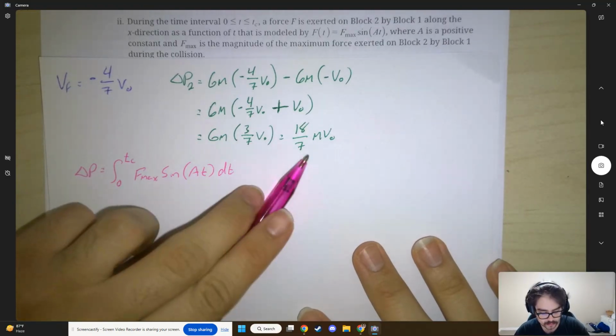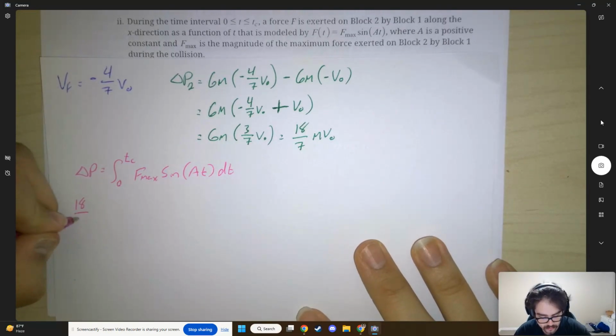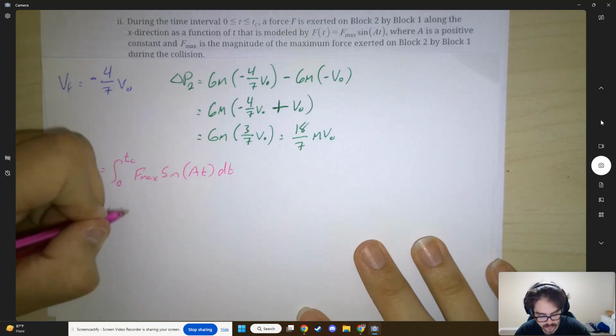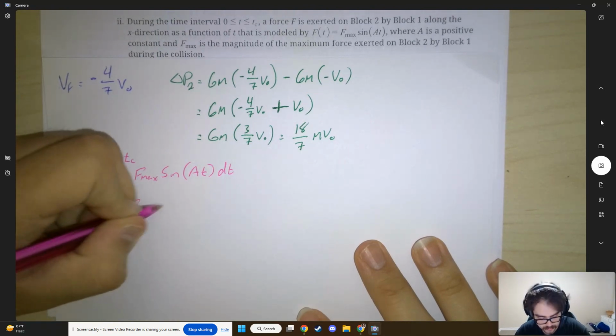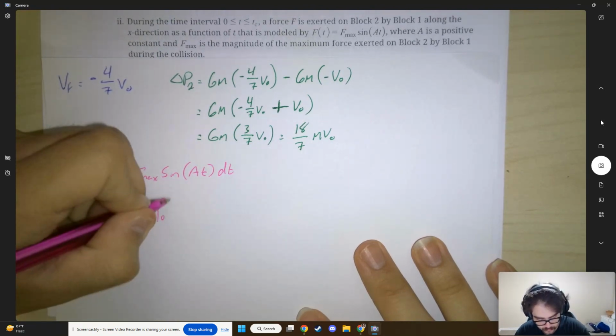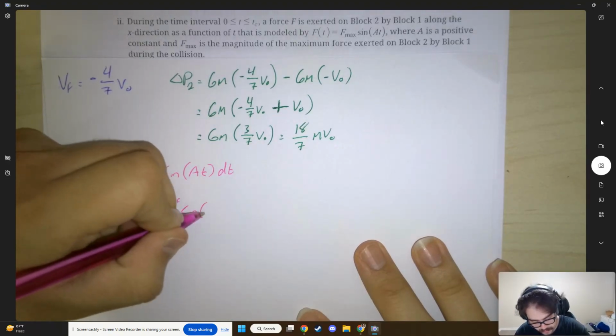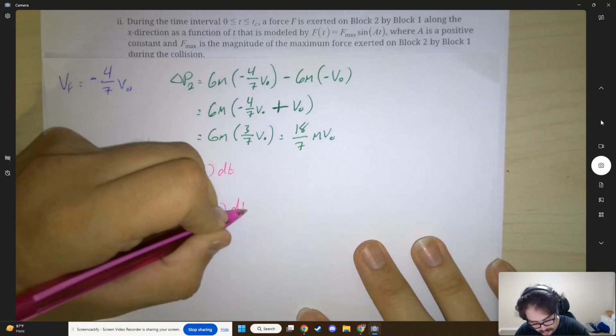Oh, and I probably should plug in this right here. 18/7 mv naught equals, and by the way, I can take the F max out of there. Okay, the integral from 0 to t sub c of sine AT dt.